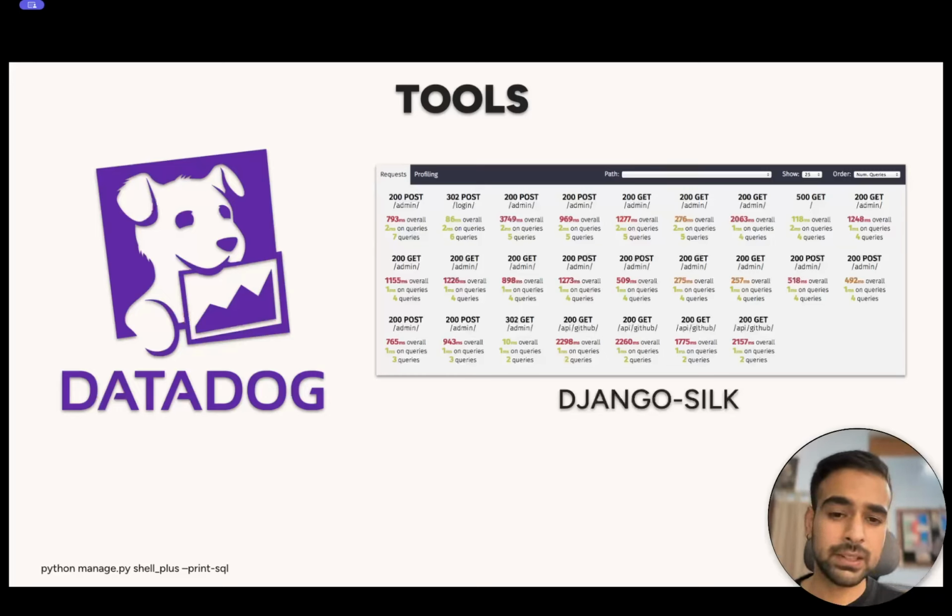Other than that, Django has this awesome tool called Django Silk, which is a profiler, and you can run it locally and monitor the amount of time, database queries, and all of that. This is also a very good tool that I use.